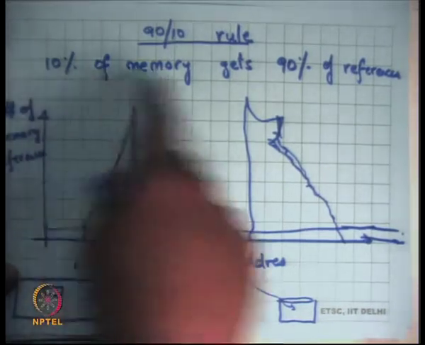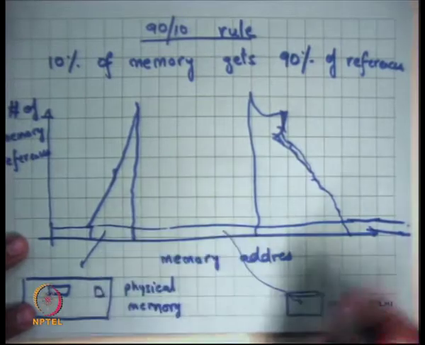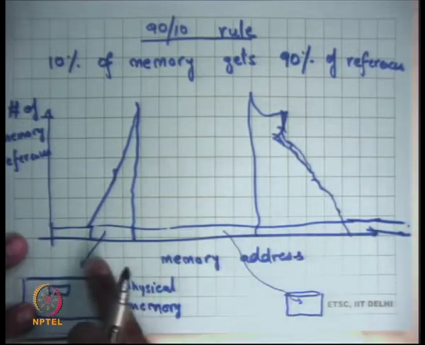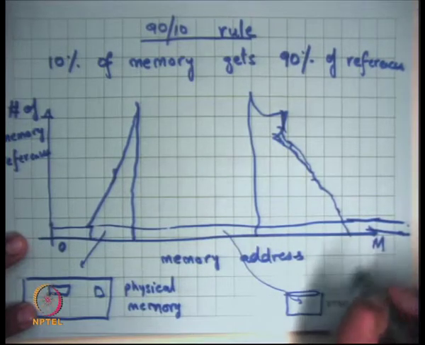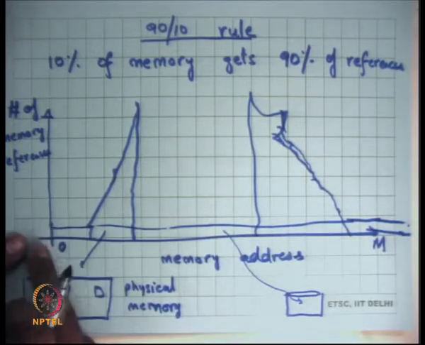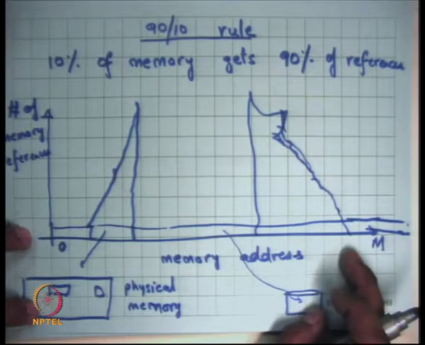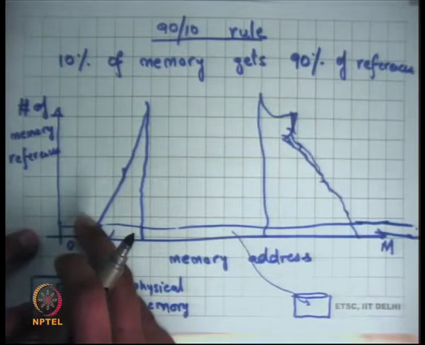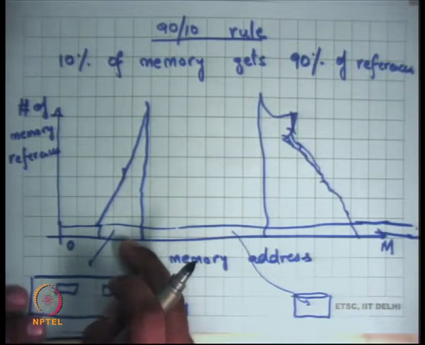If I were to plot a graph, let's say this is the memory address from 0 to whatever the maximum virtual address is, and you plot which memory addresses are accessed how many times, on the y-axis you're saying how many times this memory address was accessed throughout the life of the program.